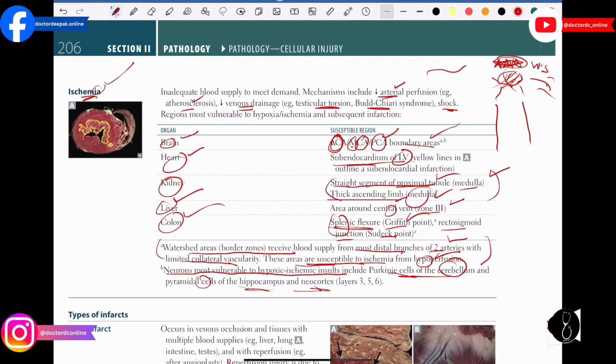They can ask you in the exam, please mention the cells of the cerebellum which are going to be injured more, or the cells of the hippocampus and neocortex. So pyramidal cells of hippocampus and neocortex, and Purkinje cells of cerebellum, these are the cells which are going to be injured more. These are the important topics you have to prepare from First Aid.